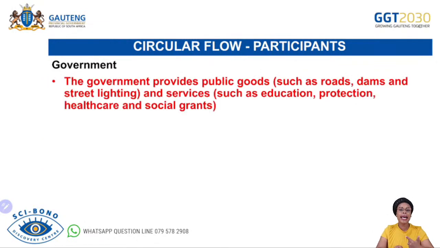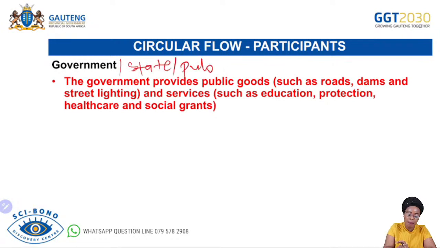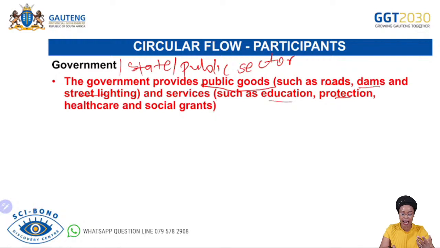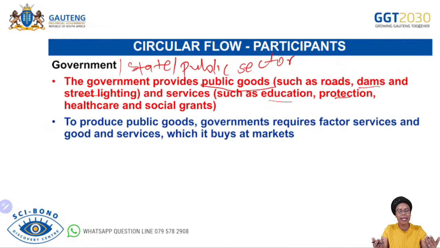Let us look at the government. The government, which is also the state, which is also the public sector, provides public goods and services. The public goods and services can be roads, dams, street lighting. It can be in the form of a service like education, protection, healthcare, etc. But where does the government get the money to provide this?